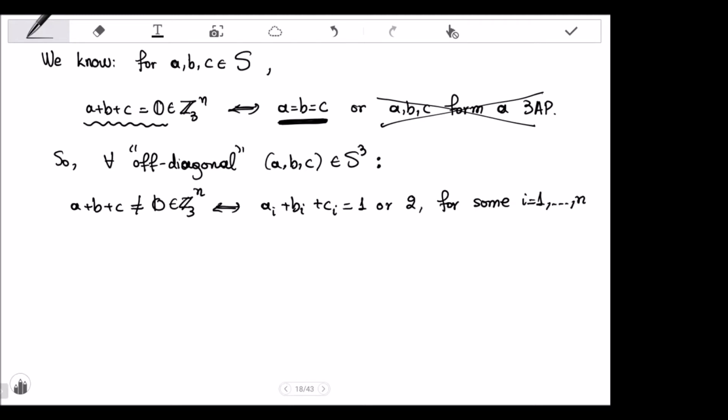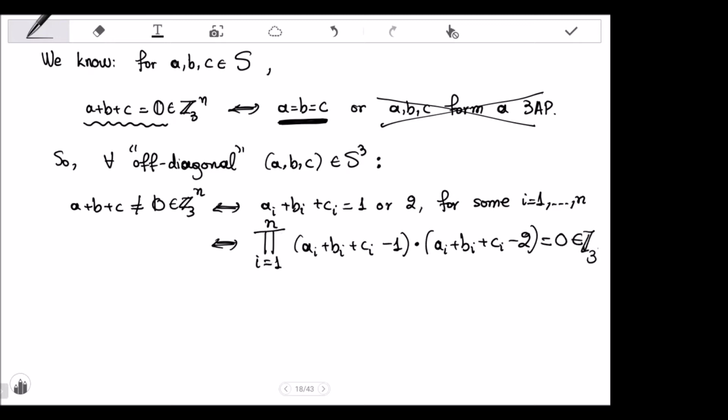Okay. And that's the same as saying that either a_i + b_i + c_i − 1 is 0, or a_i + b_i + c_i − 2 is 0 for some i, and therefore it's the same as saying that when you multiply over all coordinates, this product will definitely be the 0 number inside Z3.